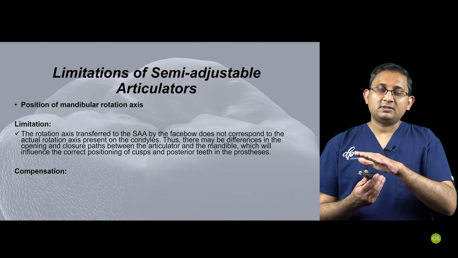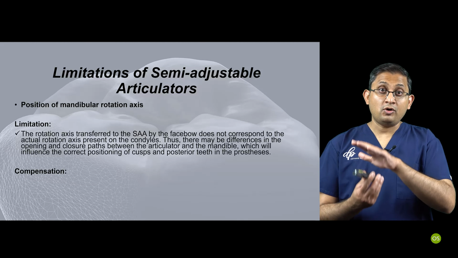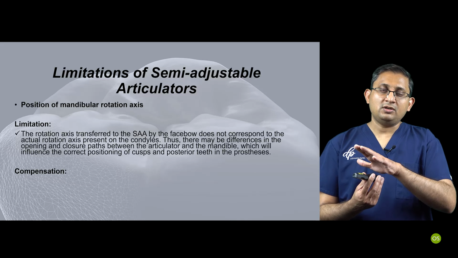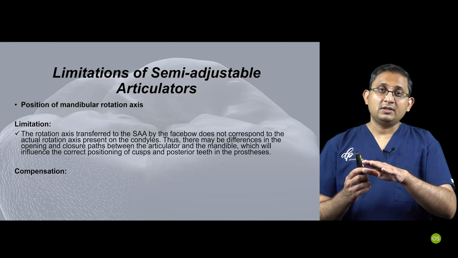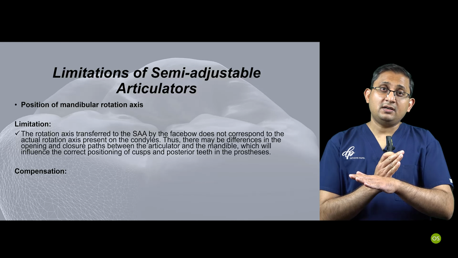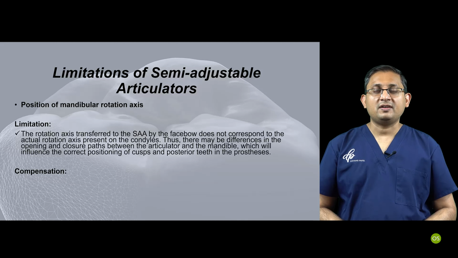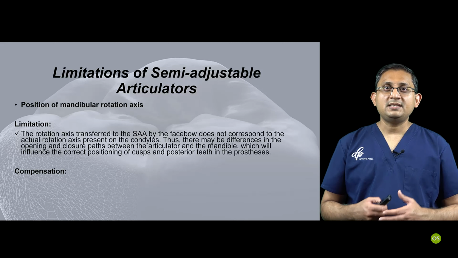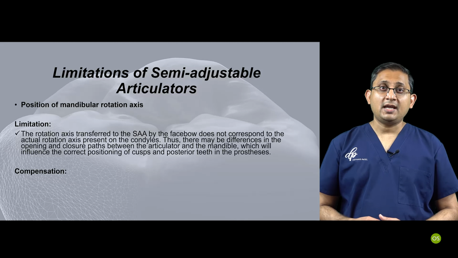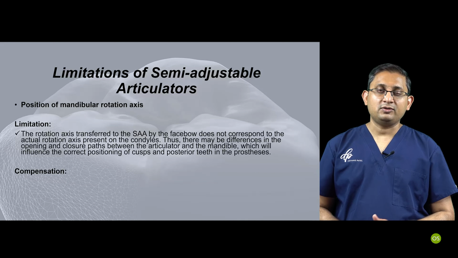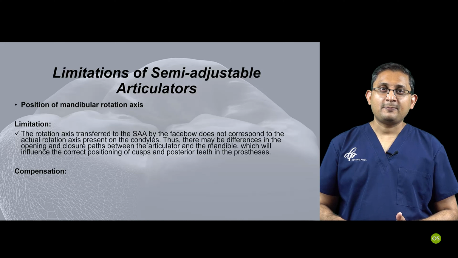Now, what happens is if you don't have a true hinge axis, let's say you mounted models. If you're opening and closing that model on an articulator, you can incorporate a vast majority of the errors by opening and closing, because if it's not the same hinge axis as in the mouth, then the articulator will move differently than in the mouth. To mitigate this, as we discussed, what you can do is keep the thickness of your interocclusal records to a minimum, depending on your use of interocclusal records, which we discussed before: diagnostic uses or therapeutic uses.